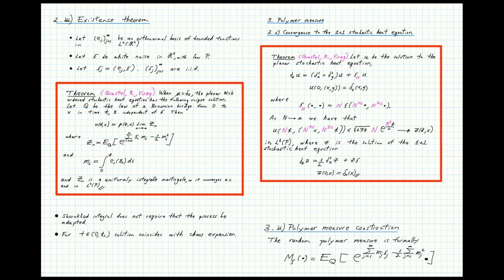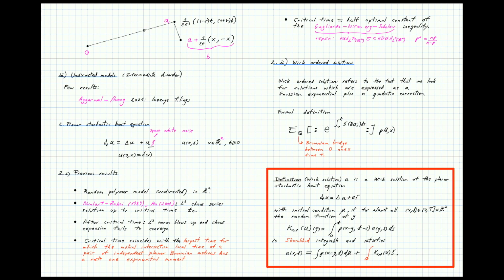So it turns out that this series I am writing here, the sum from i equals 0 to n of psi_i m_i minus 1/2 m_i squared, where m_i is the integral over the i-th member of the basis evaluated at Brownian motion at time s. Formally, if I add this series up to infinity, this is exactly the expansion of this integral minus its normalization.